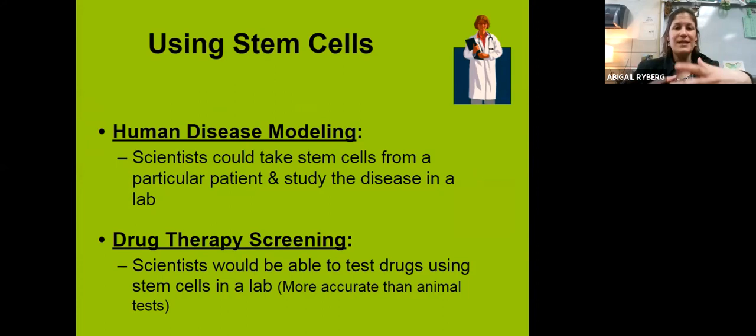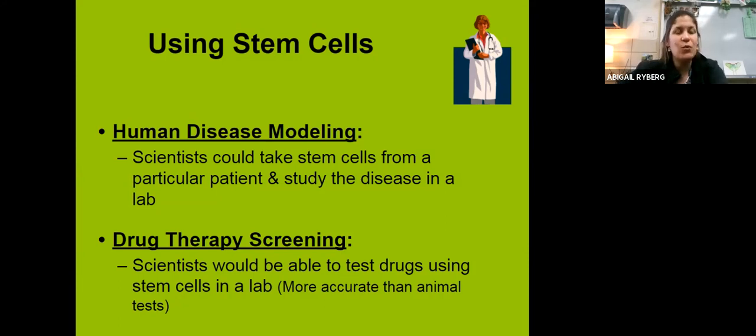If someone has a specific disease and we want the cells that are affected by it, and we want to use different treatments, we now can extract those cells and use them for different tests.